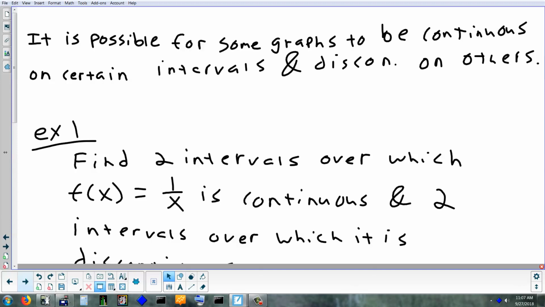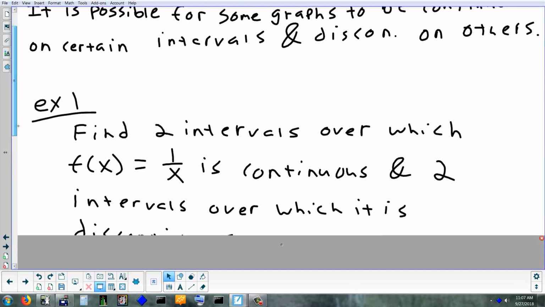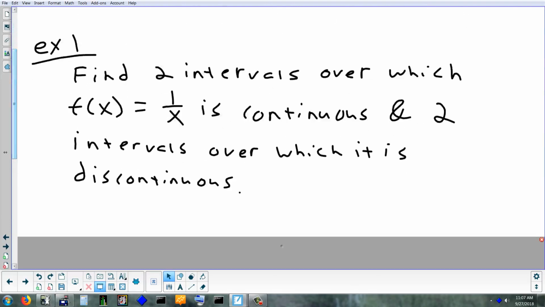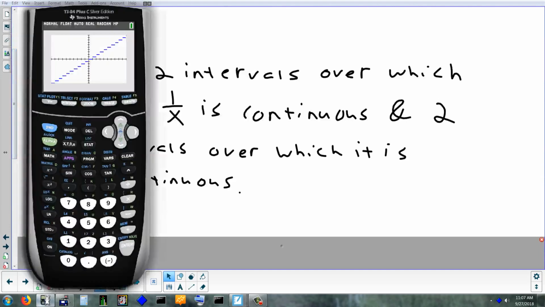Now, that's a pretty wide open question, interval. There's an infinite amount of answers to this question. The interval can also be open, it can be closed, meaning you could use brackets, you can use parentheses. It doesn't really matter. There's a lot of options. Well, let's draw it first and then see if we can figure it out.